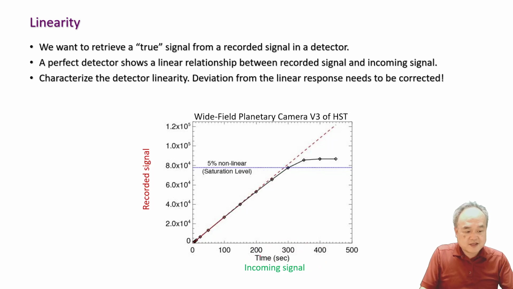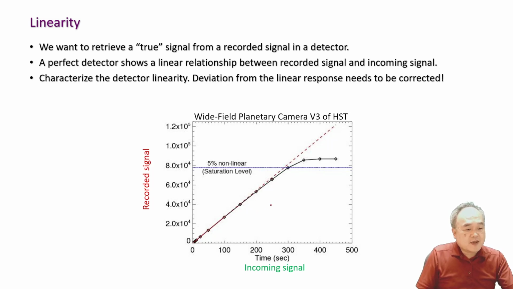Imagine this is the time of observation for a constant brightness source. So the x-axis is in fact the incident signal strength, the number of photons throughout the observation, right?